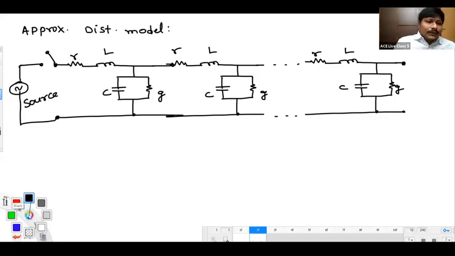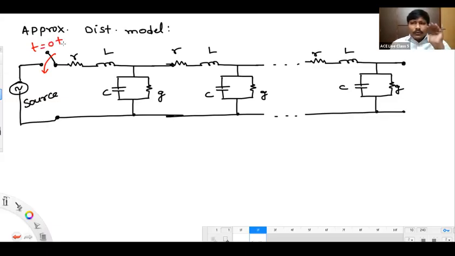Listen, I will ask one very simple question here. At time t equals 0 plus, we are closing the switch. After closing the switch, which wave is going to be released onto the transmission line? Is it the voltage wave, or the current wave, or both?